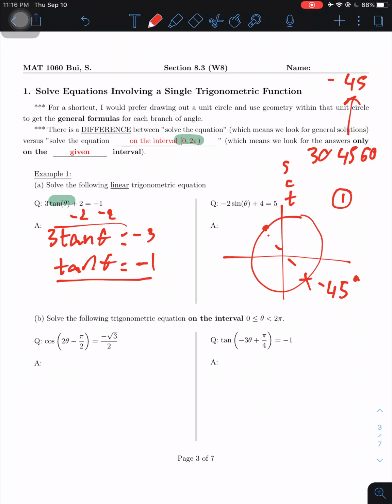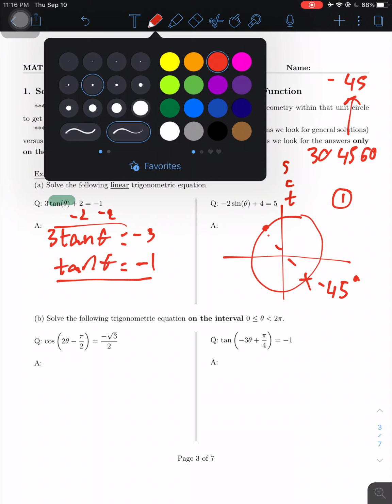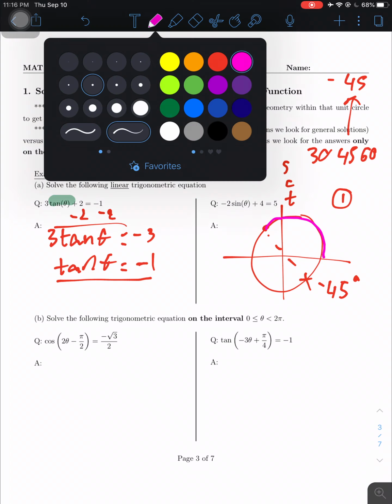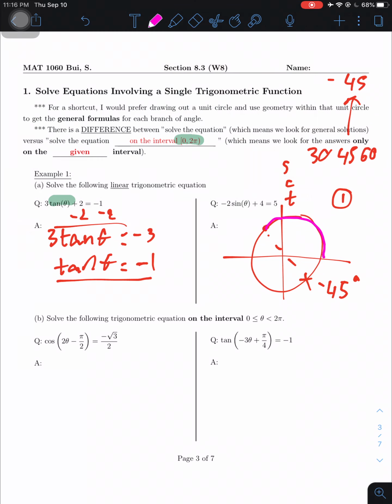I'm going to use geometry again for this one, like I recommended. This arc in here is 90, and by symmetry, this arc in here is 45 degrees. If you add them all together in the calculator, you're going to get 135. Let me keep it in pink, I guess. So this is one family and this is the other family.